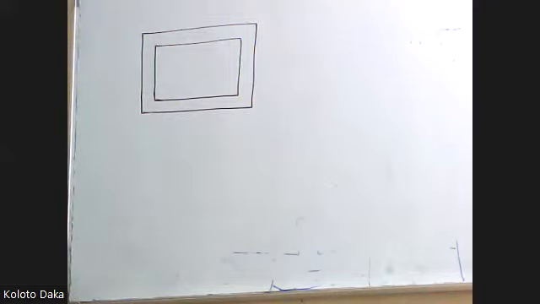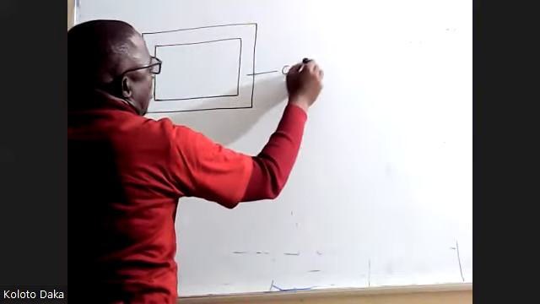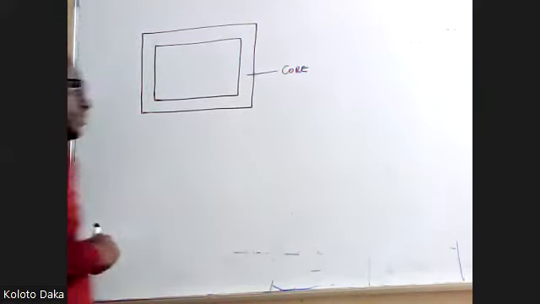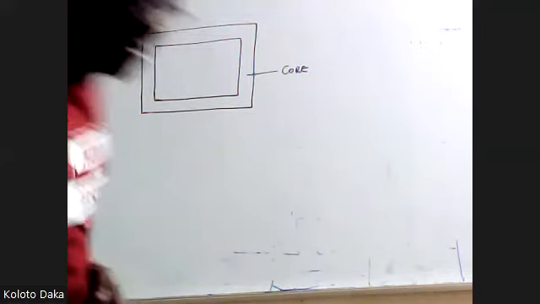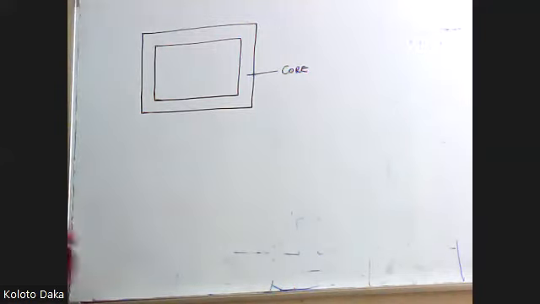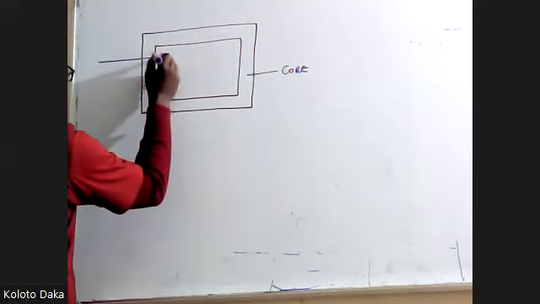Okay, so that which we have drawn is known as the core. When you draw this core, then we can actually go to the primary side and put a winding.